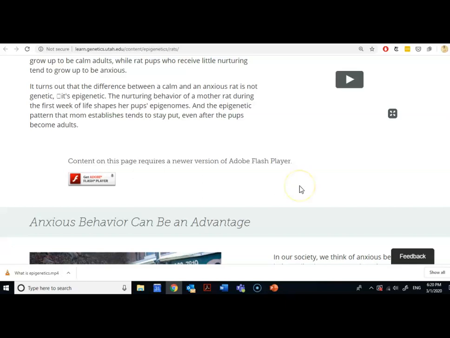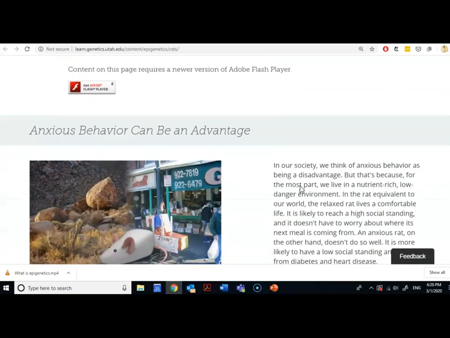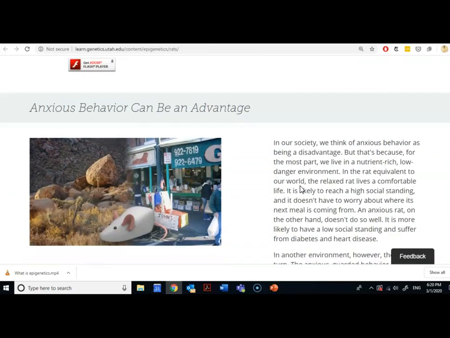Findings from this research: those rats that got licked very well by their mom are so calm. But those pups whose mothers are not licking them get more anxious and show more anxious behavior while they are growing.